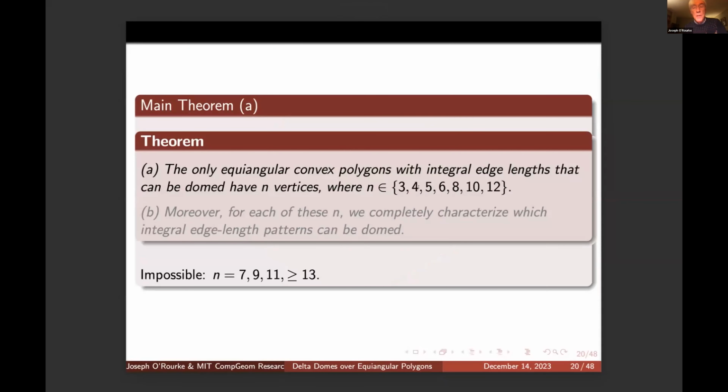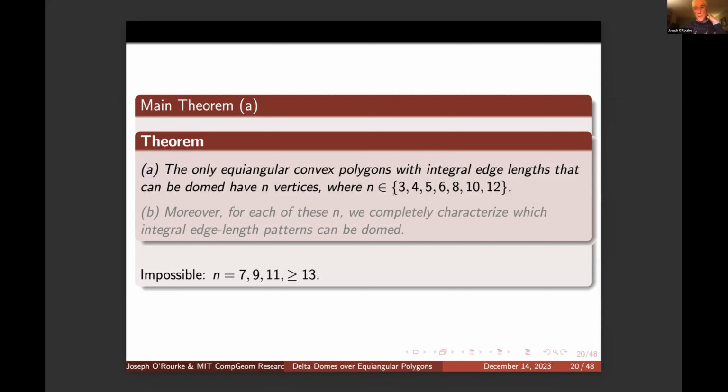Okay, so that is in some sense a long introduction showing you what we mean by doming a convex polygon and showing you examples of regular polygons that can be domed.